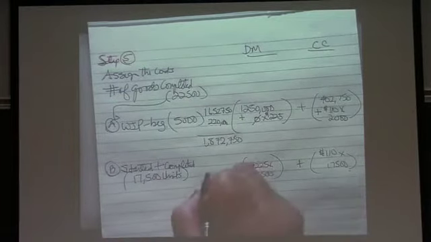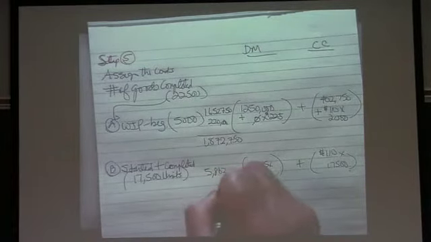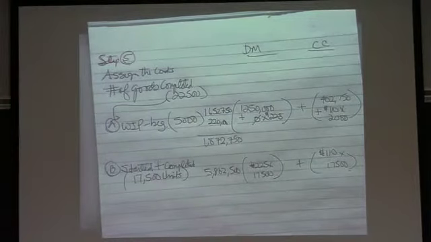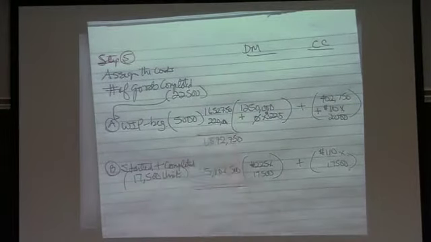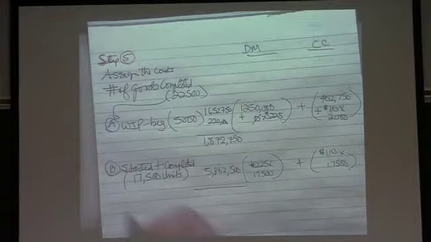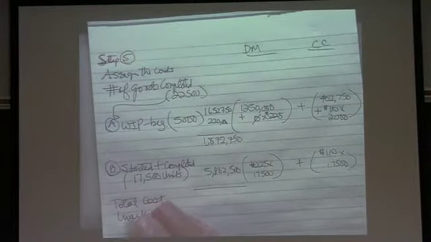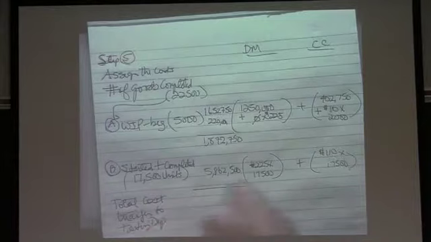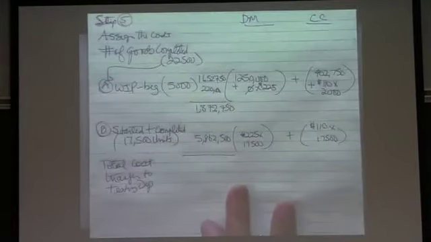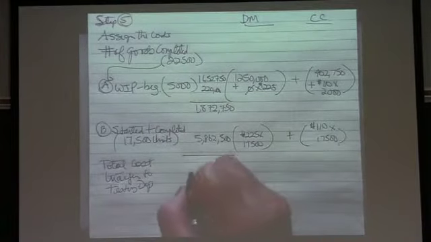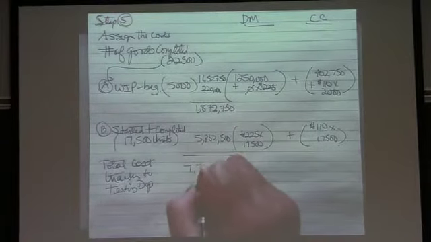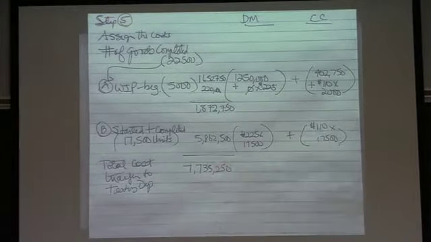That gives us 5,862,500. So the total cost we're going to transfer to the testing department is going to be the sum of these two, which is 7,735,250.